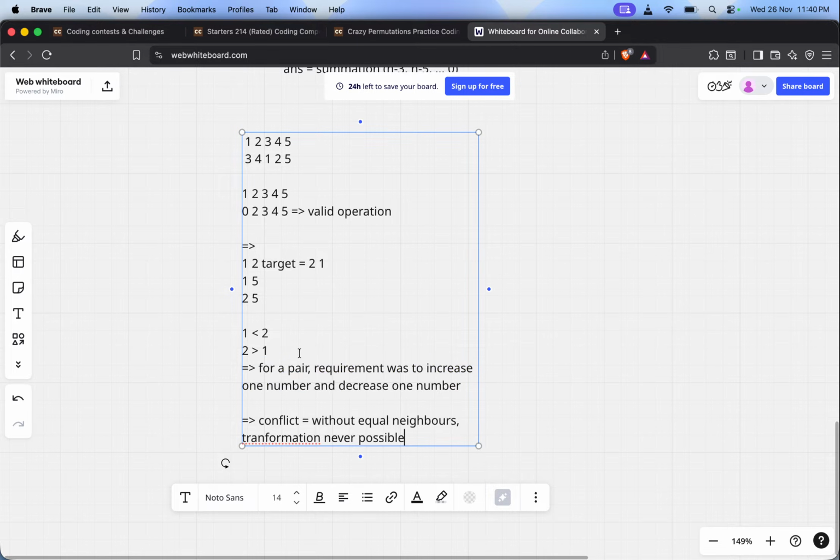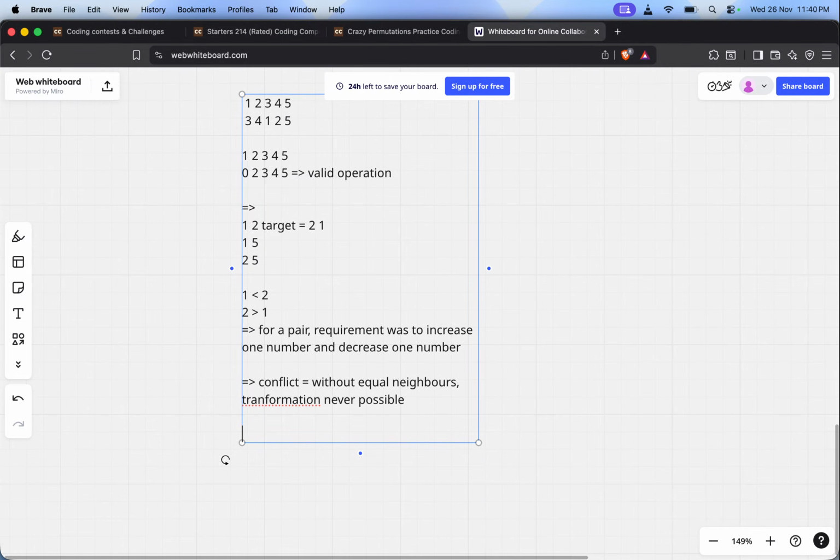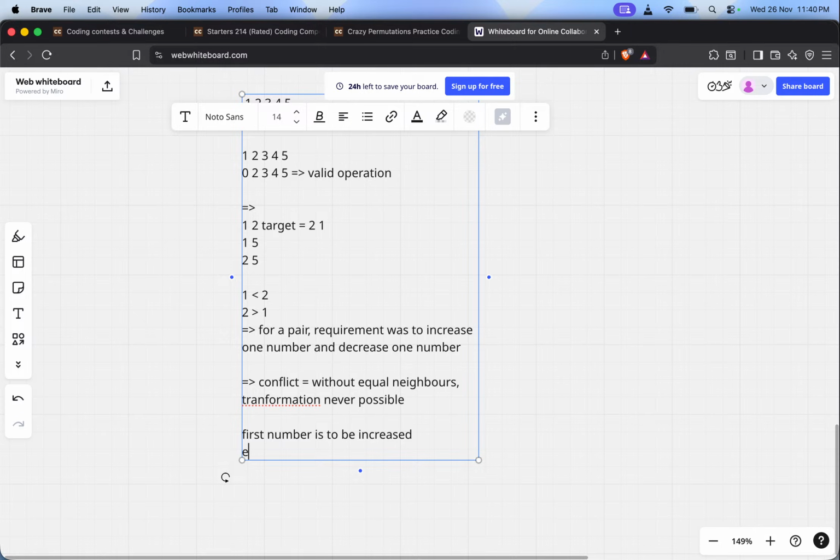Is it that this condition will always hold? That is, if the first number of a pair is to be increased and the second is to be decreased, then will the answer always be impossible?